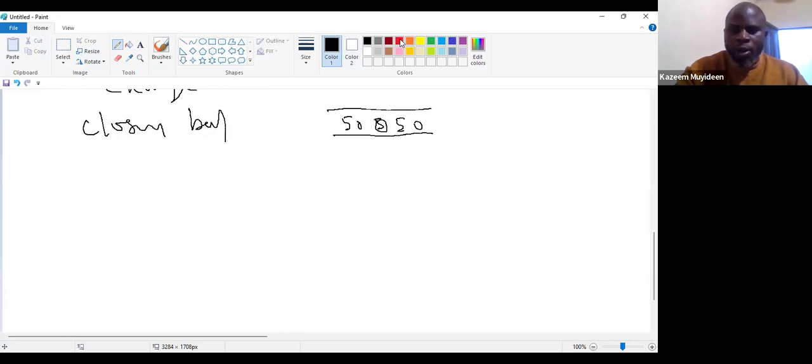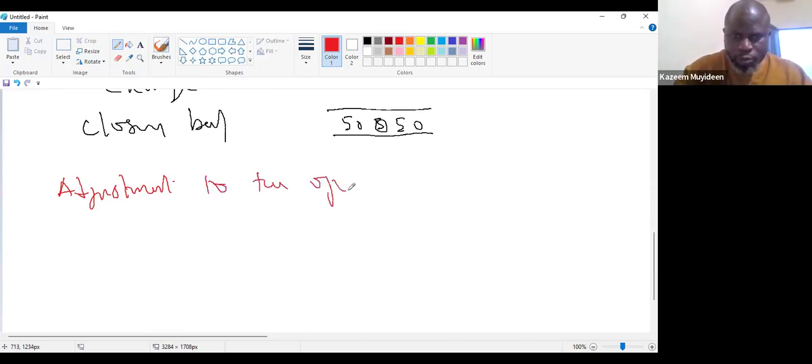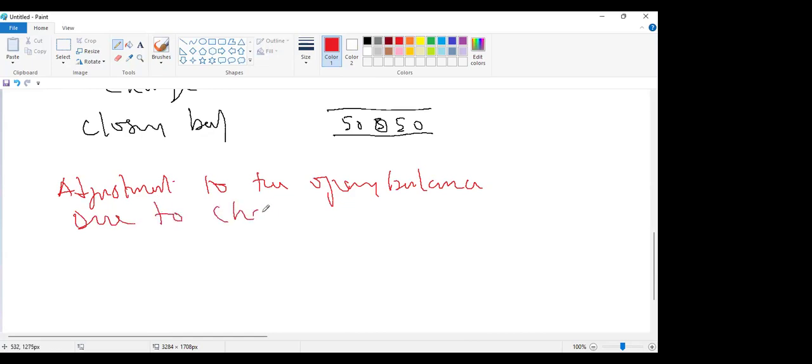Let me use another color. Adjustments. So the opening balance, due to change in tax rates.